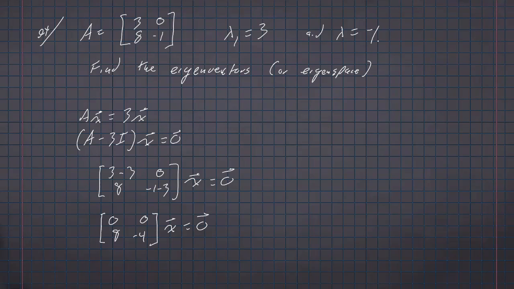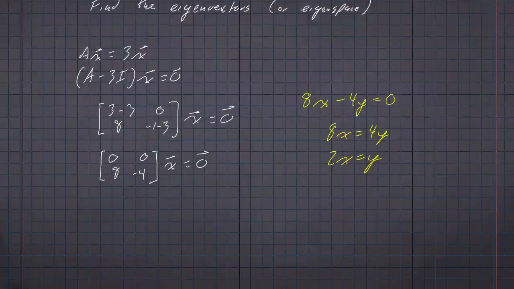And without having to do too much work on this, components of vector x will be scalar x, scalar y. We get the equation 8x minus 4y is equal to 0. And we get that y is equal to 2x.